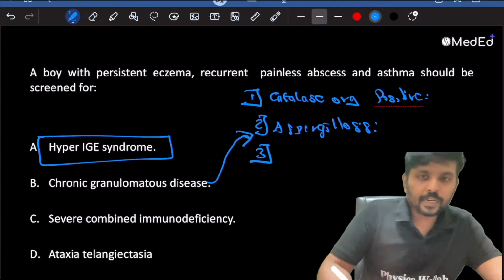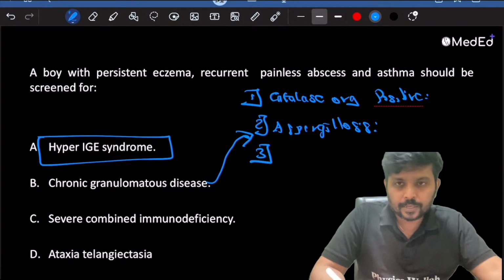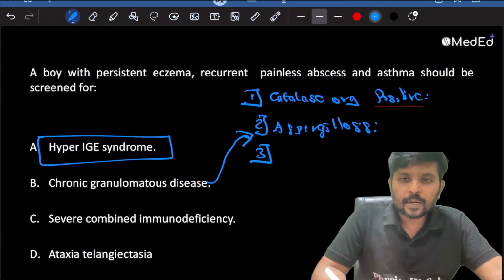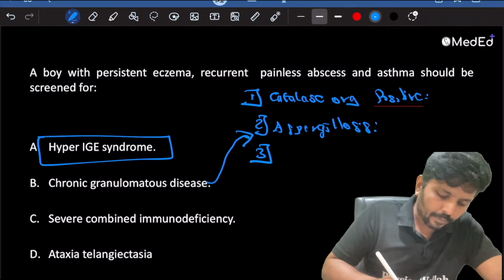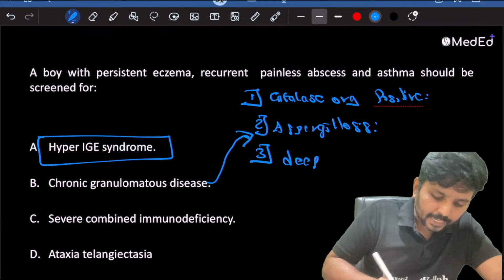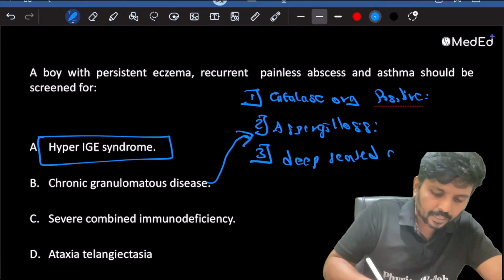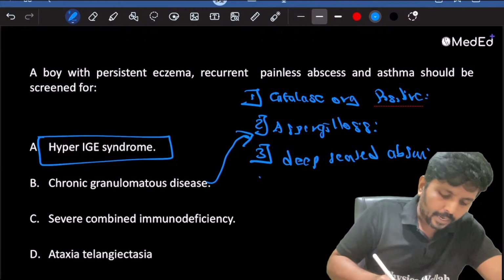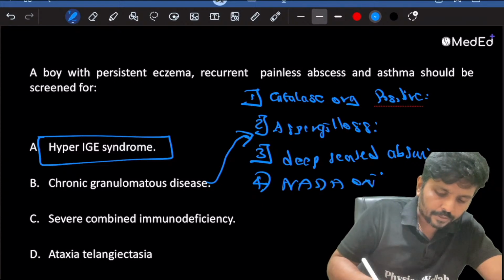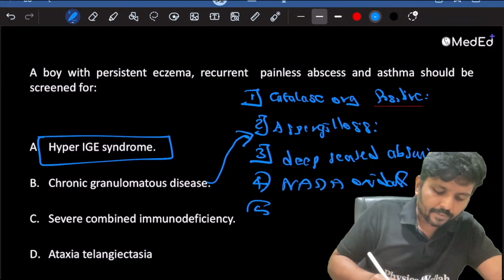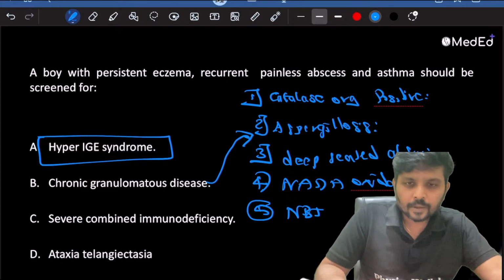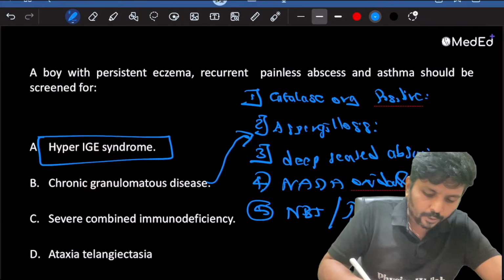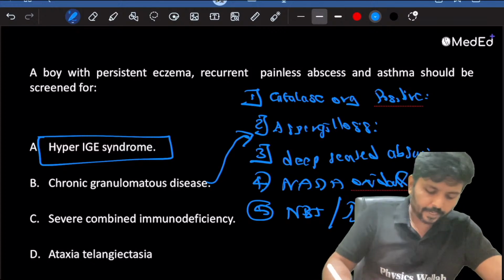It is also characterized by deep-seated abscess. It is due to deficiency of NADPH oxidase. And what is the investigation of choice? Nitroblue tetrazolium test is the screening test, whereas the dihydrorhodamine test is confirmatory.